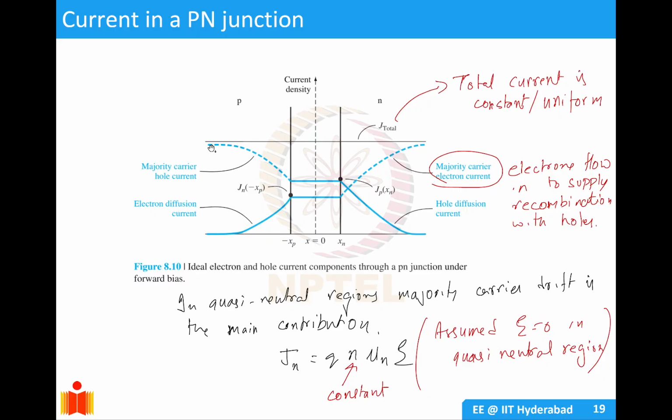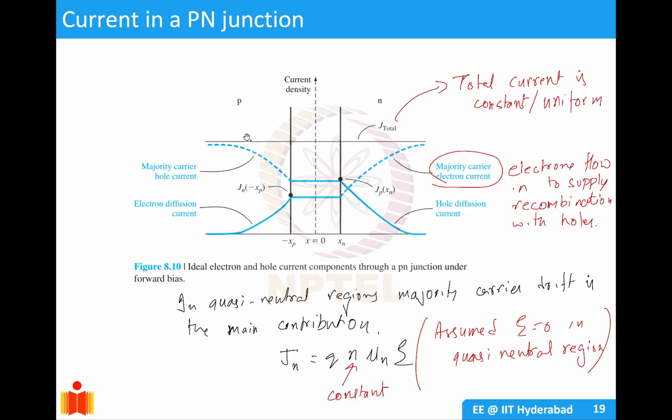So this dashed line is the majority carrier current, that is the excess carriers that will flow to recombine with the excess minority carriers. So that is shown here.